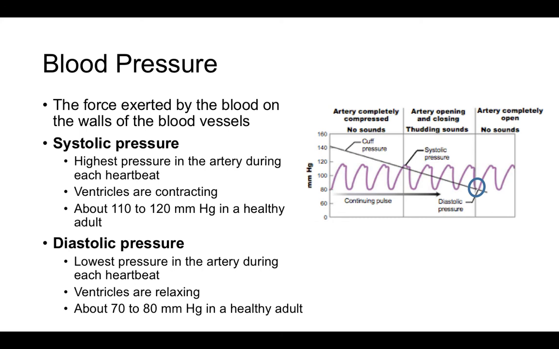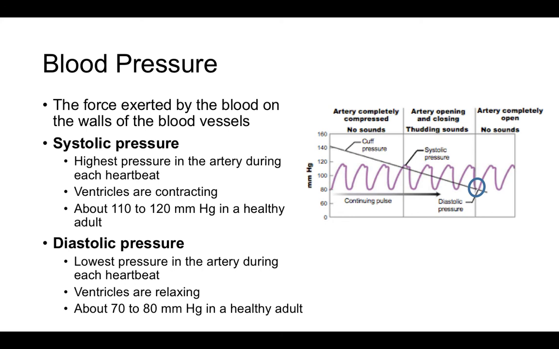This is the lowest pressure that the artery will experience during any part of the cardiac cycle. So remember, arteries and arterioles are the resistance vessels. They have a much larger tunica media with smooth muscle in it. This smooth muscle resists the pressure exerted by the heart on the blood, so that the blood can get all the way through the body.